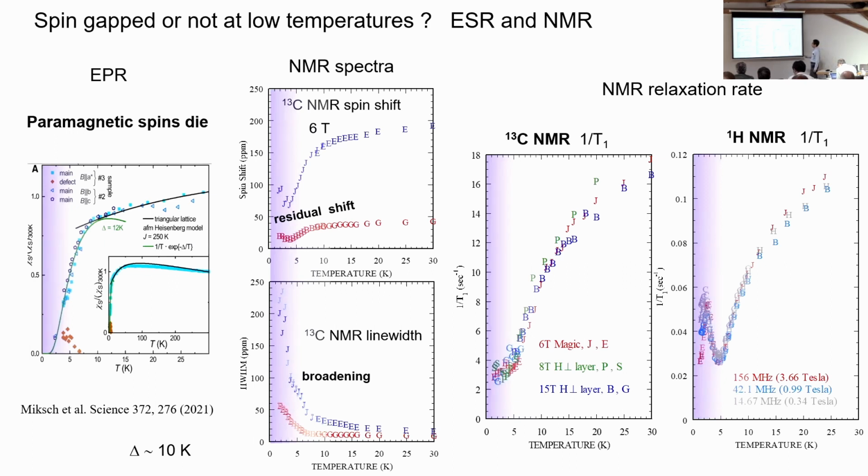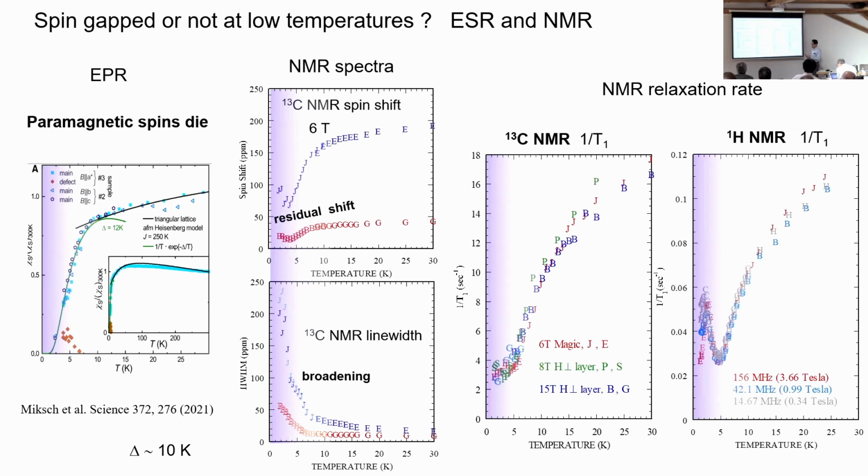Below 10 kelvin, the NMR spin shift, it's a Knight shift in the metallic state, but in this case insulating, goes down. So the paramagnetic susceptibility goes down below 10 kelvin, and that is reproduced in the NMR experiments. One additional piece of information in NMR is that line broadening occurs below 6 kelvin.